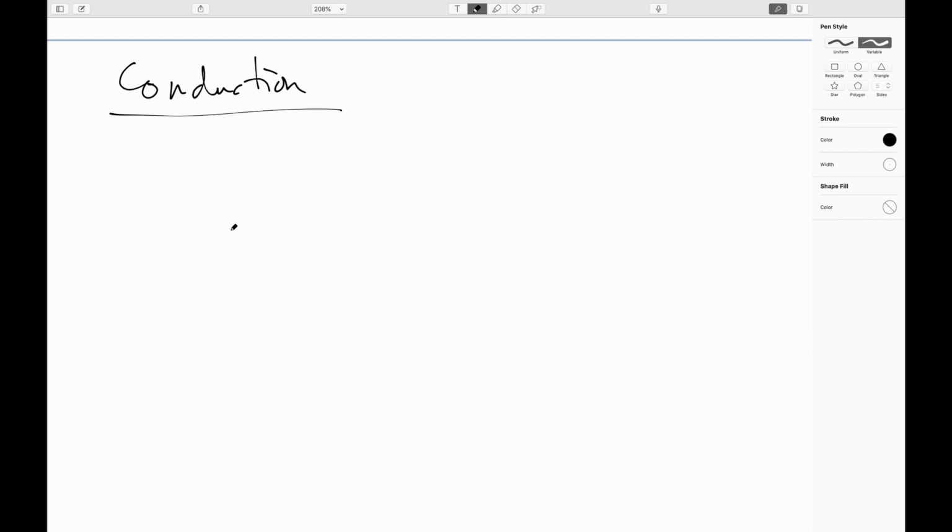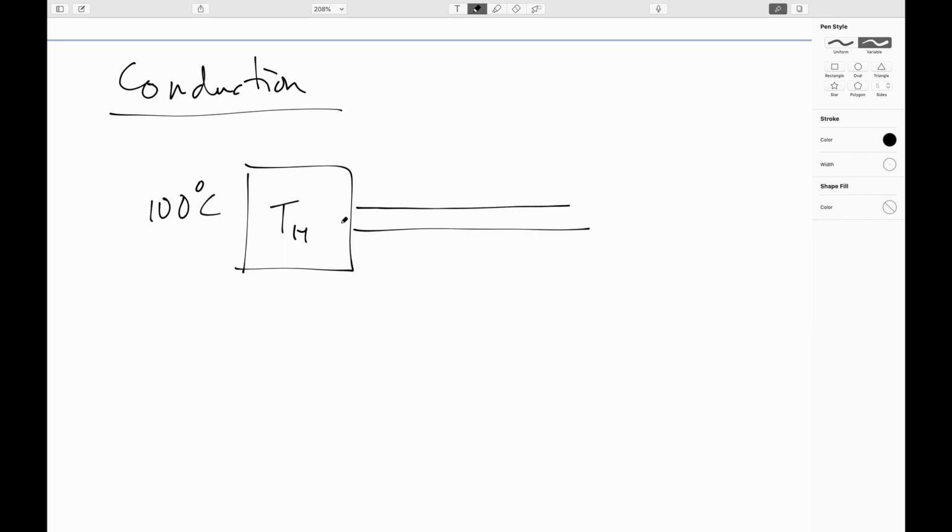So let's imagine here that we've got a heat reservoir that's staying at 100 degrees C. Now, this is not going to be a heat transfer diagram, just some object that we can maintain at 100 degrees C, like a kettle of boiling water, something like that. And now let's say we've got that hooked up to an aluminum rod that we then attach to a cold reservoir that we maintain at, let's say, 20 degrees C, room temperature.